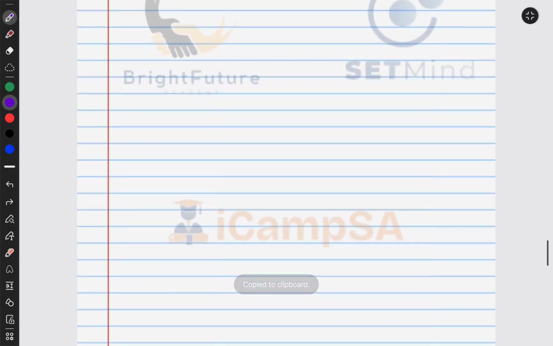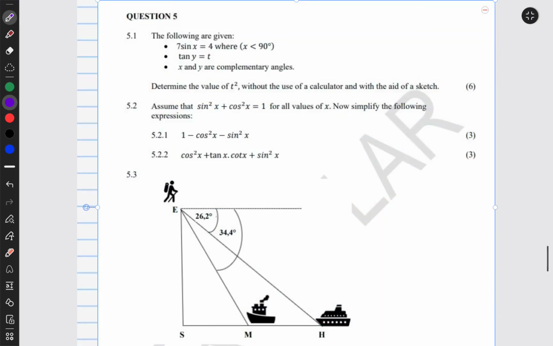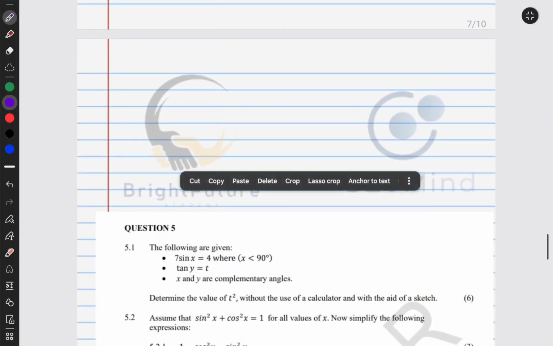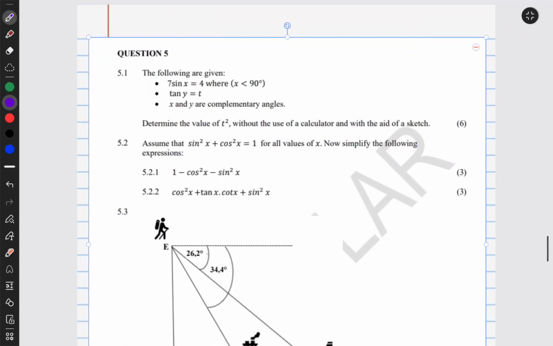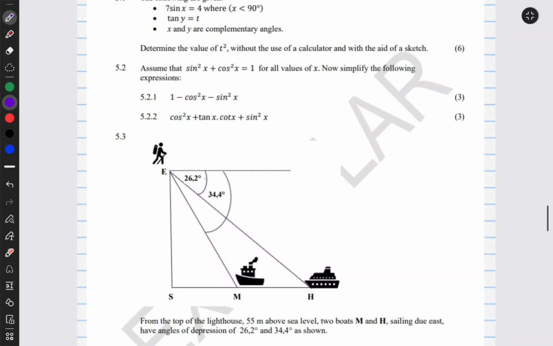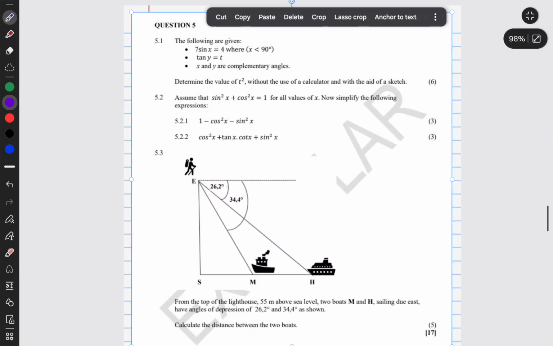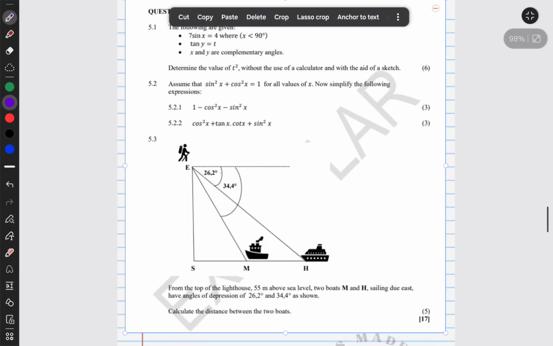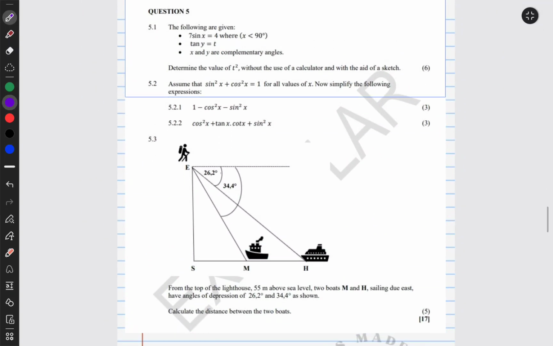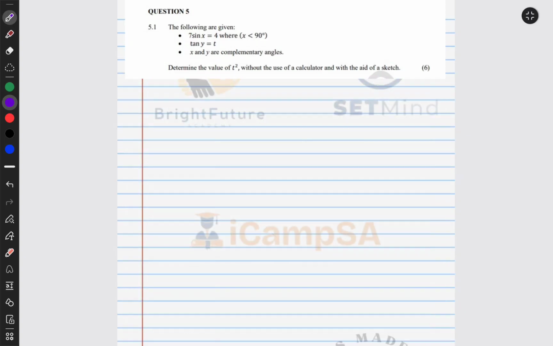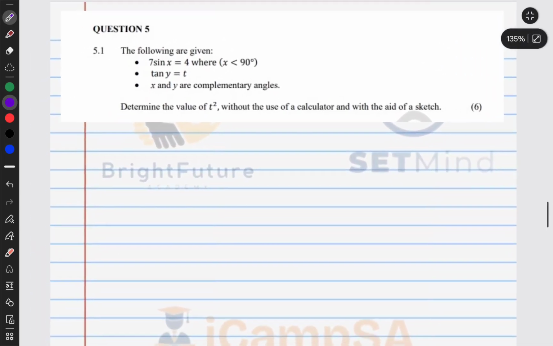Copy. Question 5, we'll put it here. The copy, because I only want to be left with 5.1 for that. It's 6 marks, so I guess we'll have to refer a lot. So we drop this one out, just focus on 5.1.